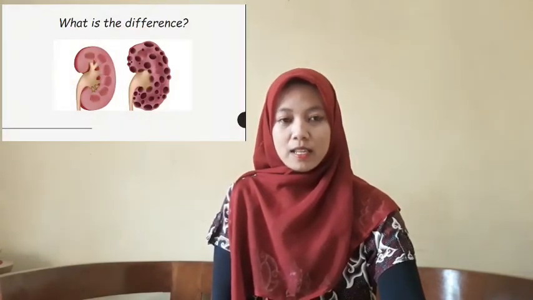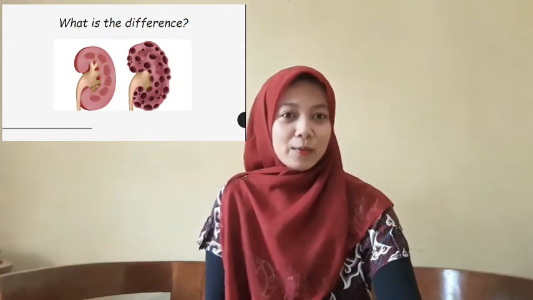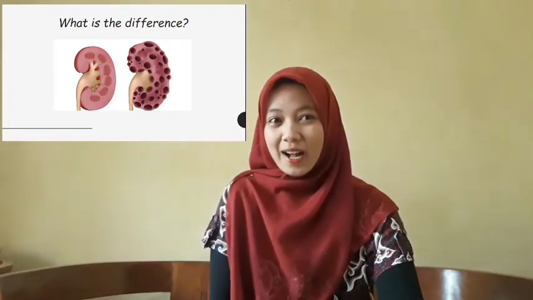Okay, before we start, I want to ask, what is the difference in that pictures? Who knows? Oh, okay, Alif. Yes, miss. There is a difference in that picture. On the left side, that's a healthy kidney, and the right side, that's an unhealthy kidney. Great, Alif.